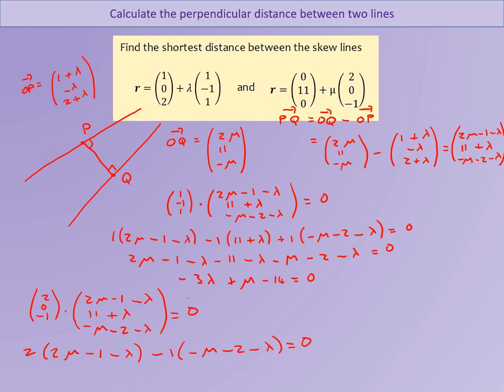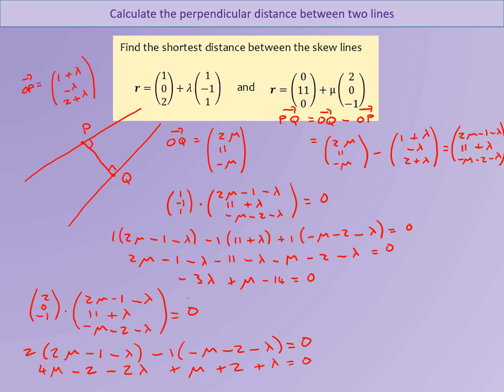So this expands to give us 4 mu minus 2 minus 2 lambda plus mu plus 2 plus lambda equals 0.